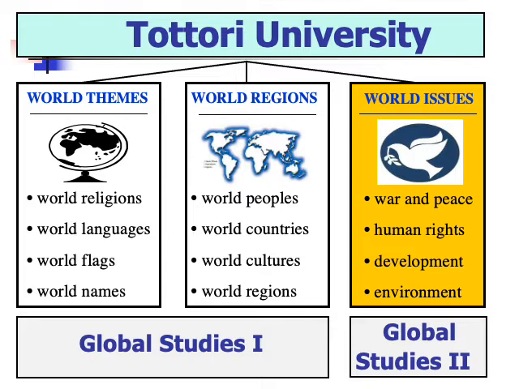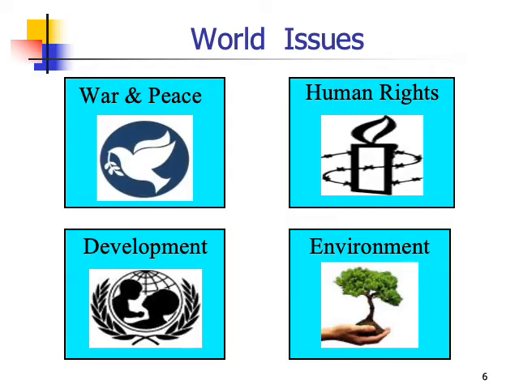Global Studies 2 is also a 1-semester course, but it focuses on world issues. So Global Studies 2 is a global issues course, broken down into 4 main areas: topics linked to war and peace, topics linked to human rights, topics linked to development, and topics linked to the environment.